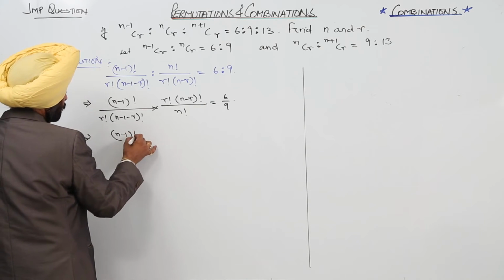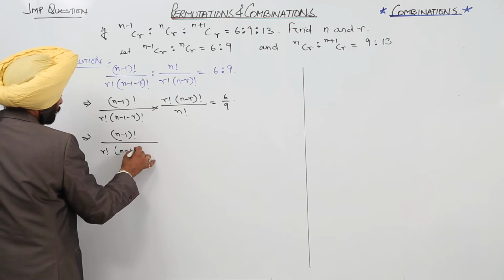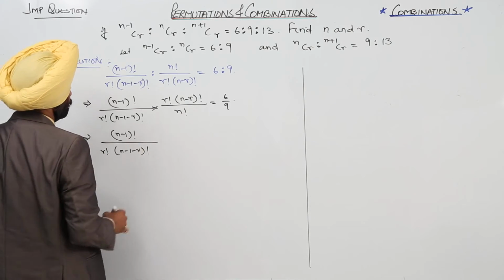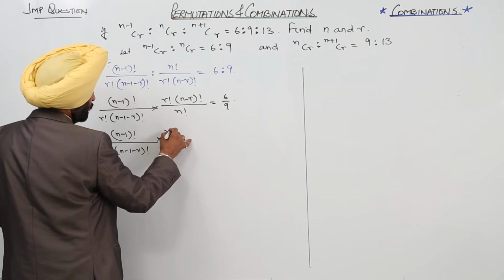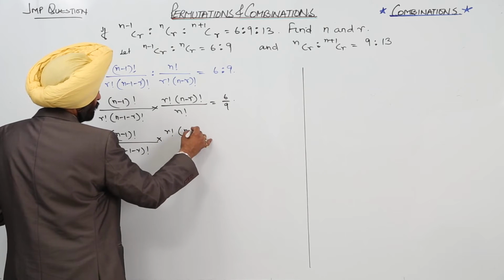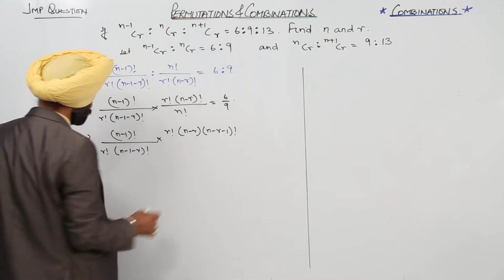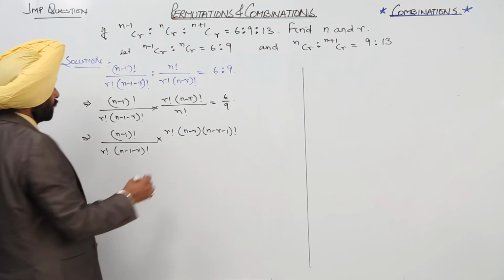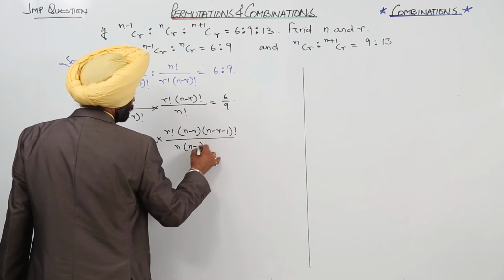n minus 1 factorial upon r factorial, n minus 1 minus r factorial. Now for this term, r factorial as it is, and n minus r factorial can be written as n minus r times n minus r minus 1 factorial, so that we can get this term, upon n times n minus 1 factorial.